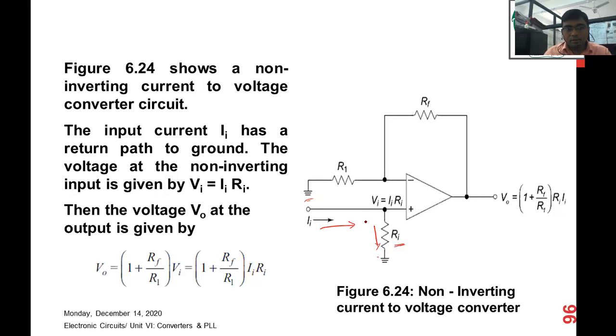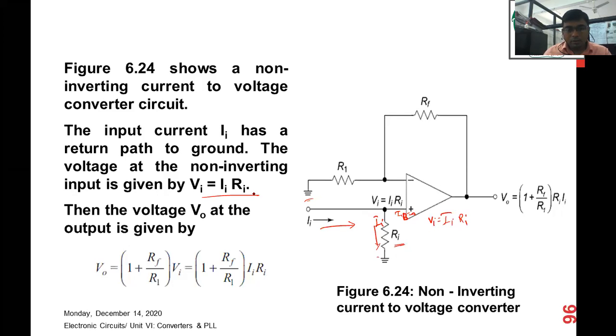The voltage at the non-inverting input is Vi equal to what? Because IB is 0, this current flows through this path. So Vi is equal to II into Ri. This is your Vi.